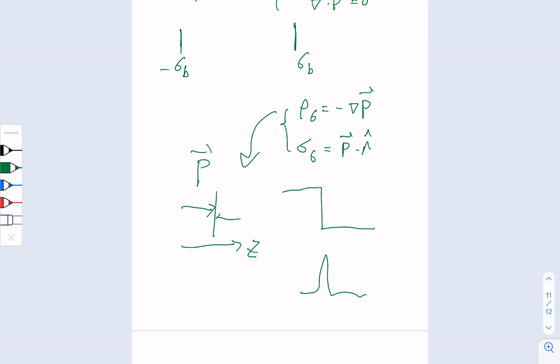Now this delta function actually corresponds to a surface charge, because the charge will accumulate exactly on the edge. You can also relate a surface charge to a volume charge by a delta function. So in principle, these two are the same thing, and you can represent your induced charge by rho bound only.